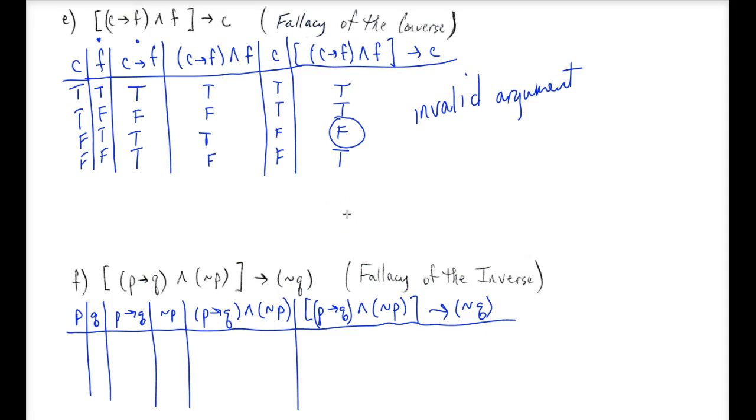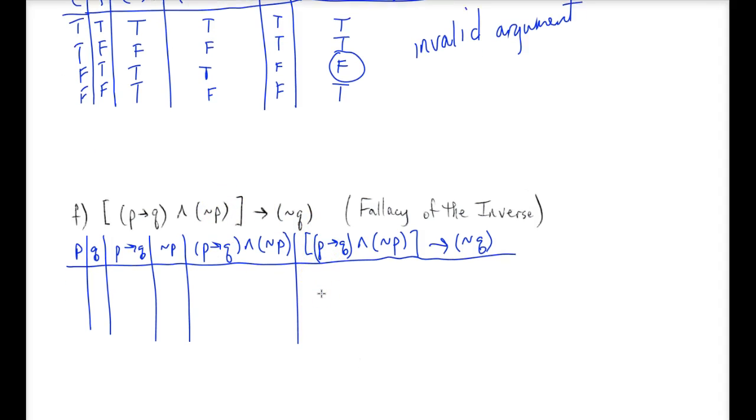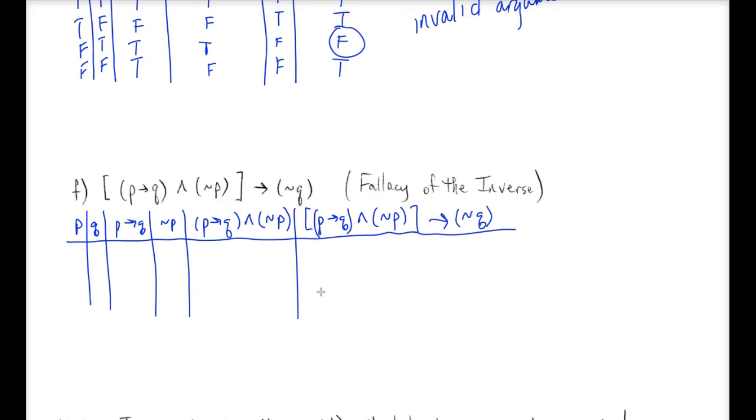Now we'll go ahead and move on to the fallacy of the inverse and show that we end up with at least one false statement there as well. So again, we'll start off with columns, T, F, T, F. Bring these down some. And then T, T, F, F. And then conditionally, we know if P then Q, both true is true.